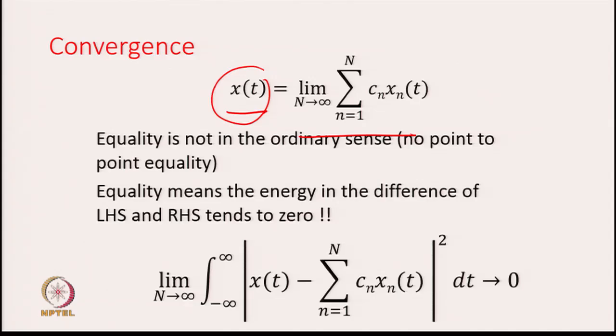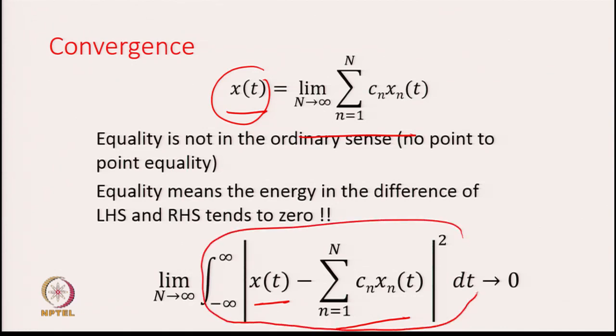This convergence is said to be limit in the mean convergence. So, this quantity converges to this quantity in the limit in the mean sense.